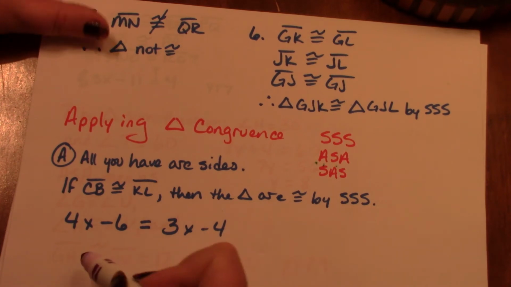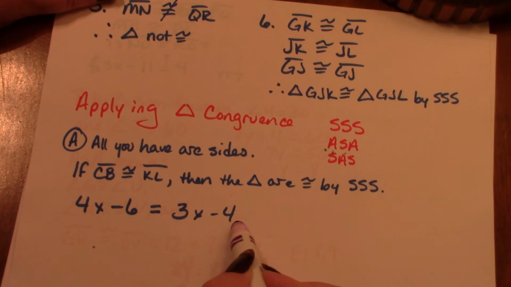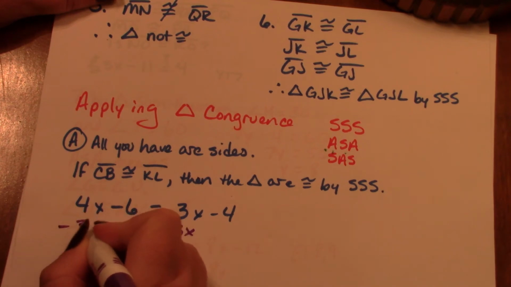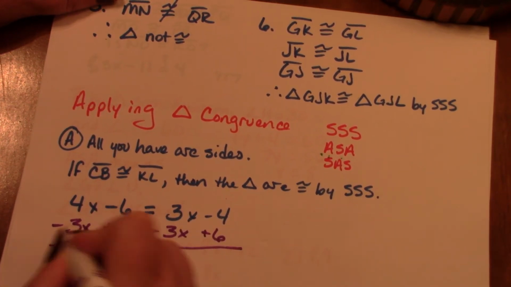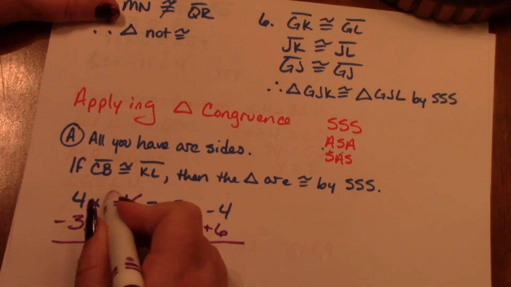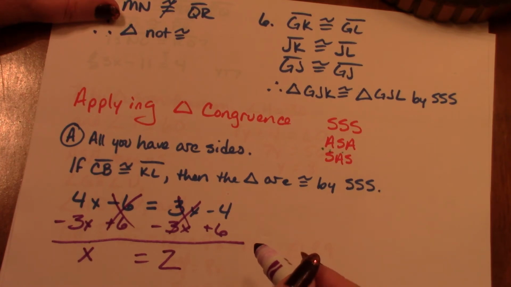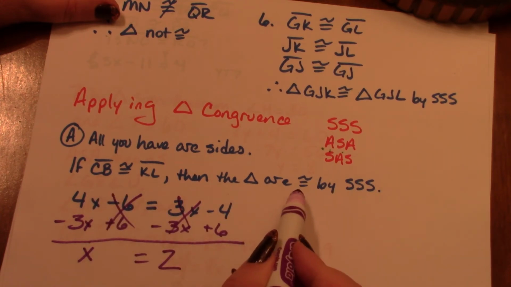Now if that's true, then 4x minus 6 equals 3x minus 4, and you need to solve this to make sure that this is true. So I'm going to subtract 3x from both sides, and I'm going to add 6 to both sides, and I end up with x equals 2. So I have come up with a value for x where this can be true.